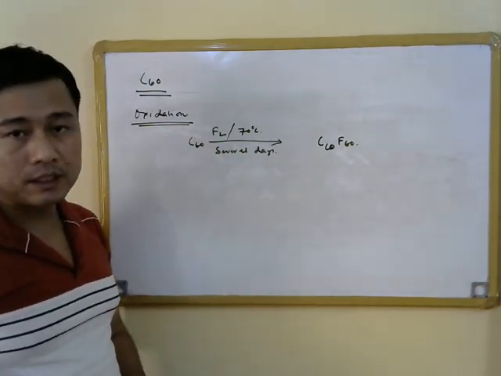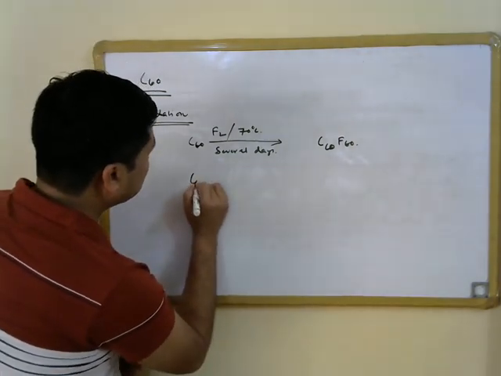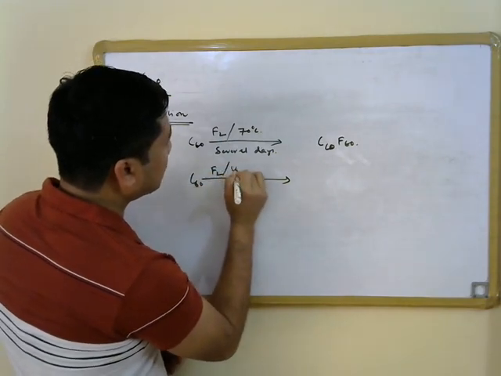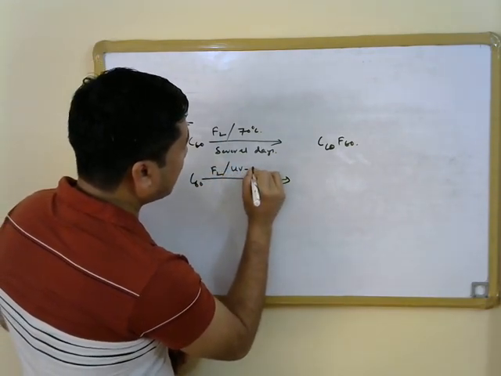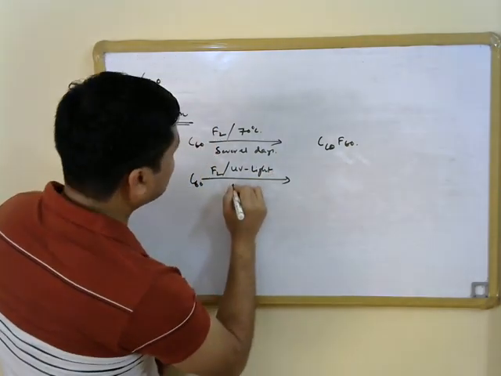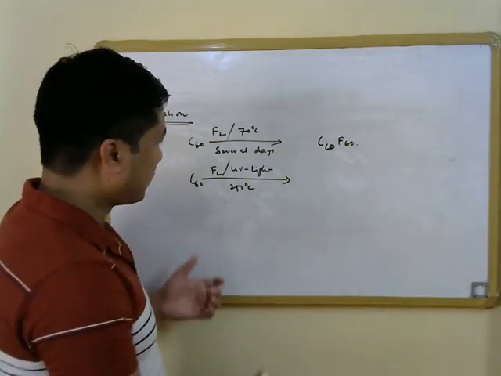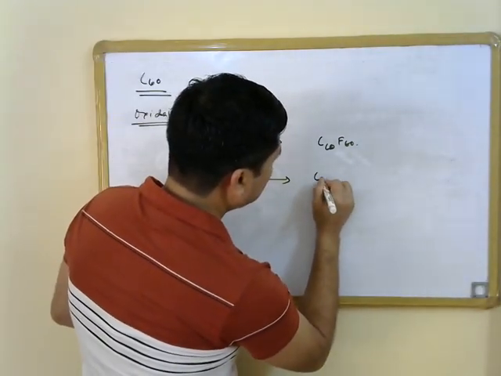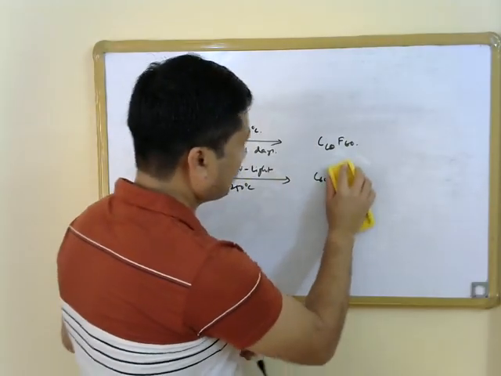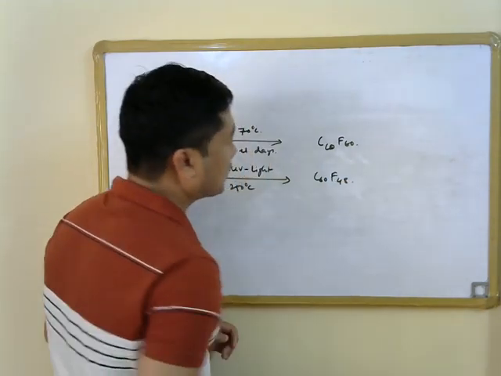Under more harsh conditions, that is if we use F2 as well as UV light irradiation, and a temperature of around 250 degrees Celsius, we will instantly get C60F48 as the major product.